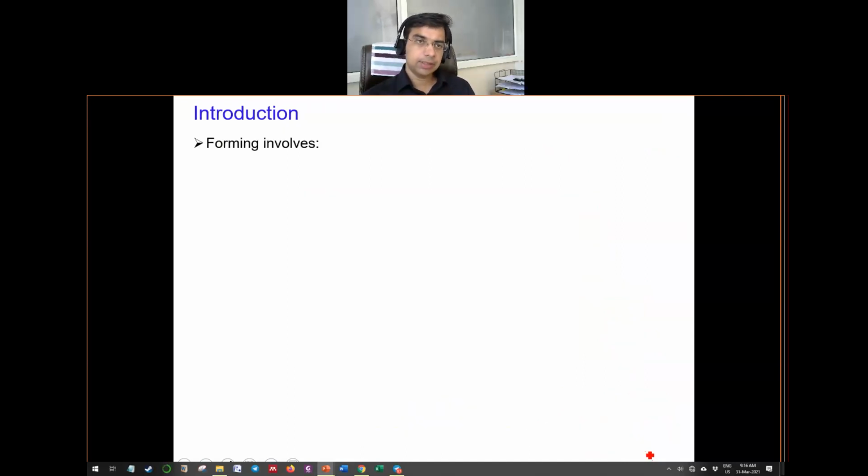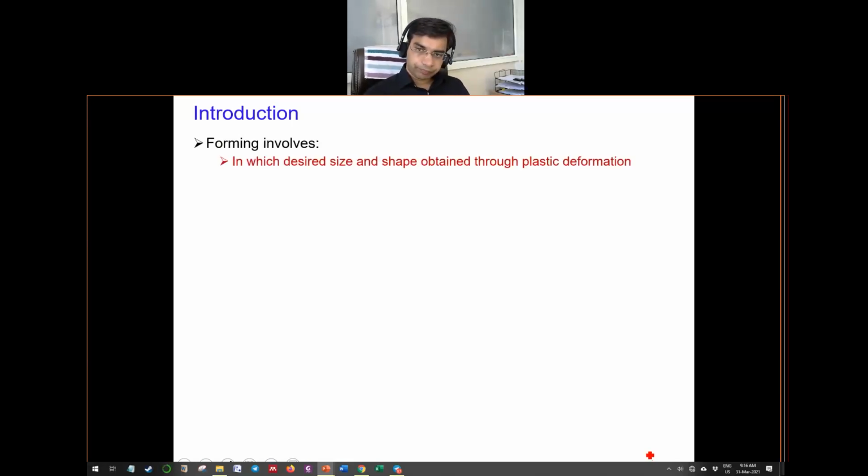So we'll discuss details about this process. Forming basically involves the change in the desired shape and size, which is obtained by applying force, and we are basically plastically deforming the workpiece. We discussed sometime in the beginning, when the force is applied and you do not cross the elastic limit, means you are within the elastic limit, when you remove the externally applied force, what happens?